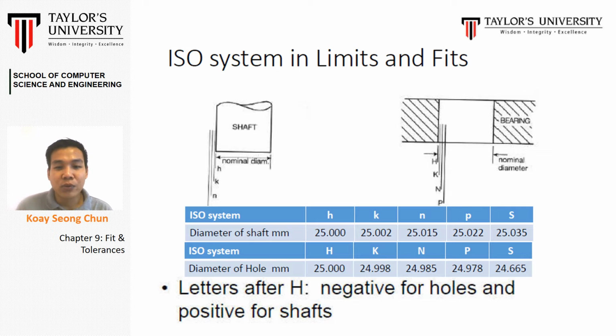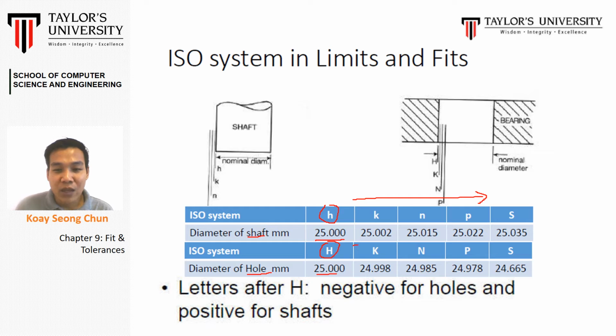Usually they will put an alphabet. For the shaft, they put a lowercase alphabet, and for the hole system, they put an uppercase alphabet. Usually H is the basic size for the shaft and the hole, and the alphabets after H usually refer to the value they allow to have a maximum limit of tolerance for the shaft, but for the hole it will be opposite.